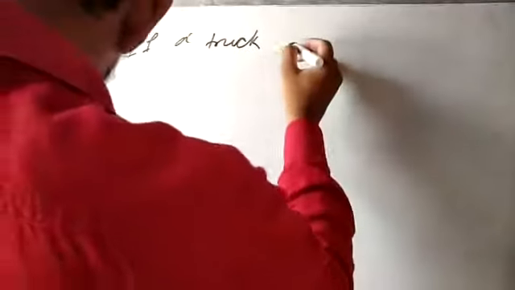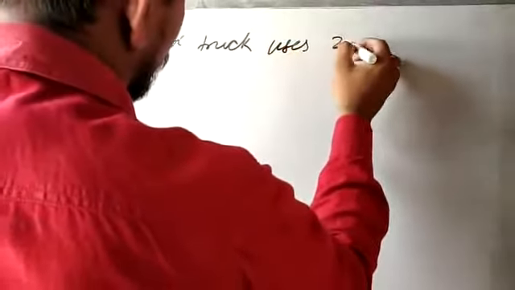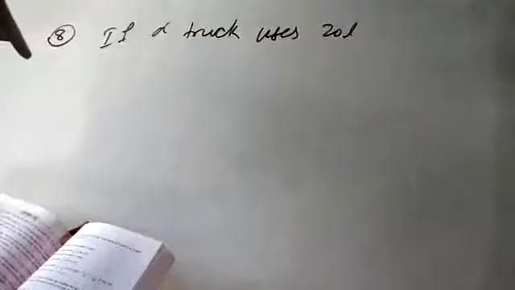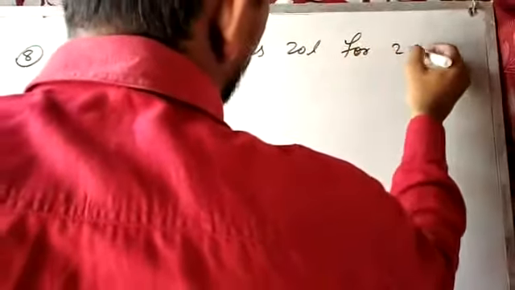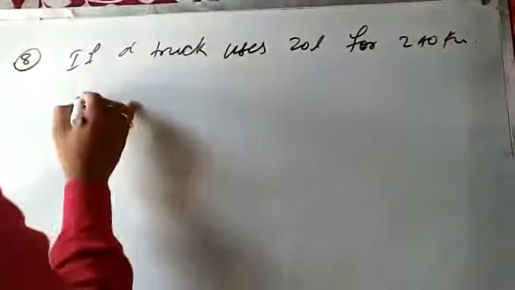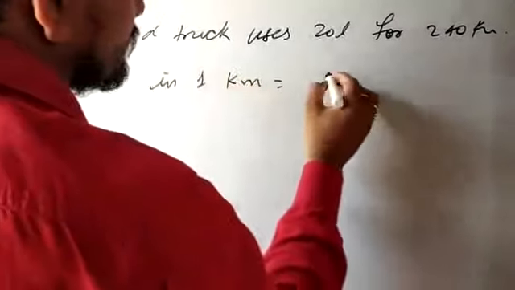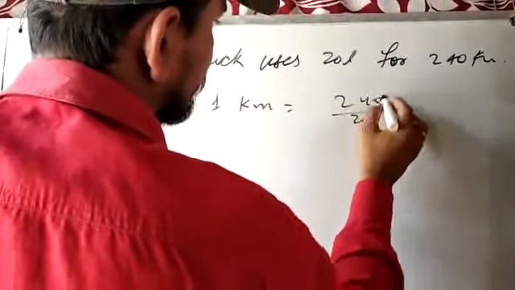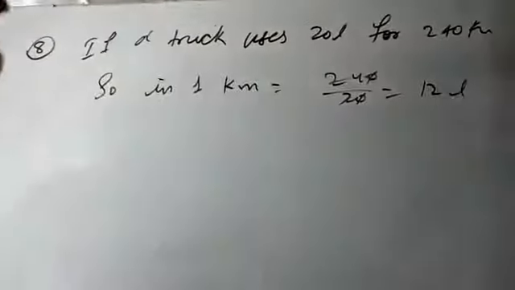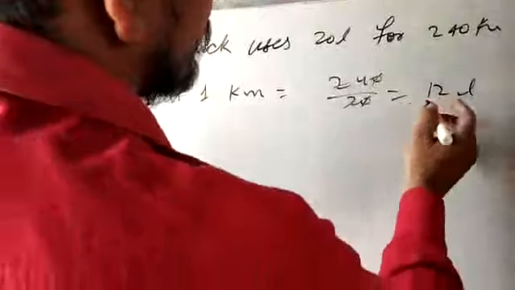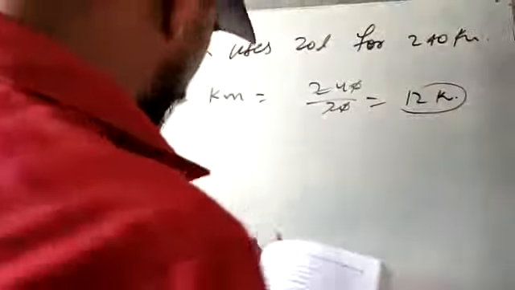So in 1 liter, 240 by 20, that means 1 liter is equal to 12 kilometers.